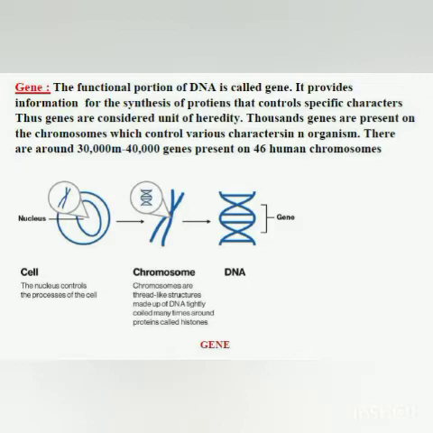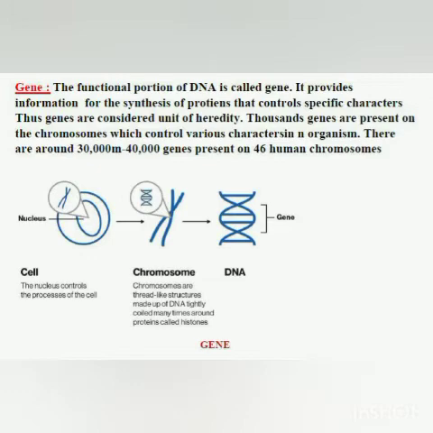This is the functional portion of the DNA, which will include your strands, that is the backbone also, as well as the nitrogen bases also. Now the functional portion of DNA is called a gene. It provides information for the synthesis of protein that controls specific characters. Thus gene is considered as the unit of heredity. Why is it the unit of heredity?